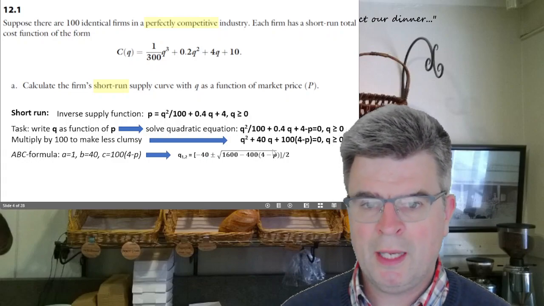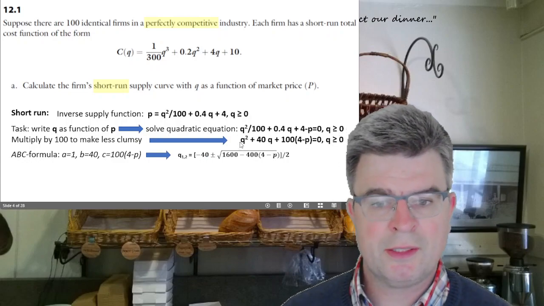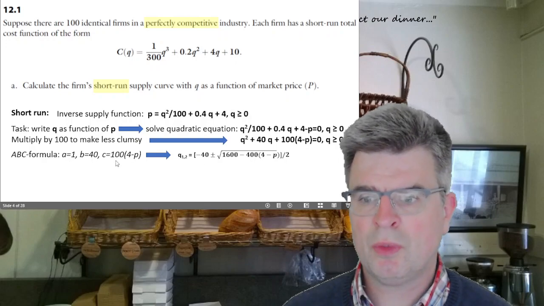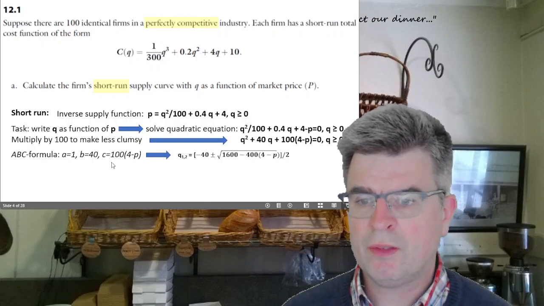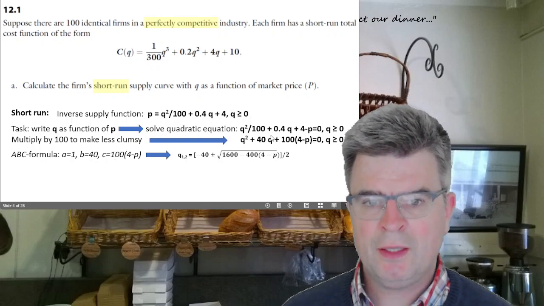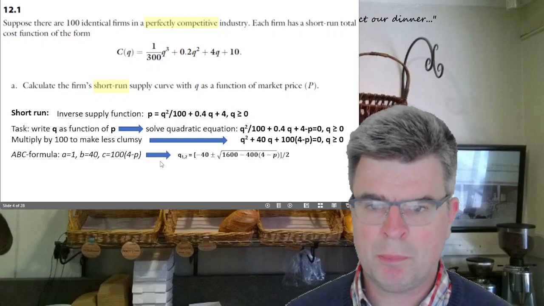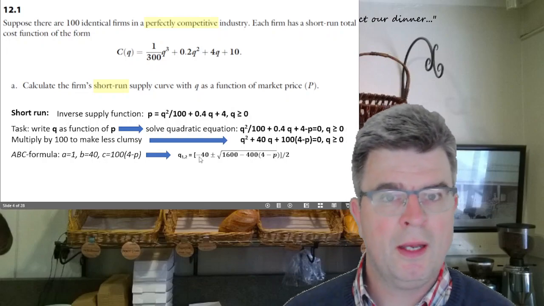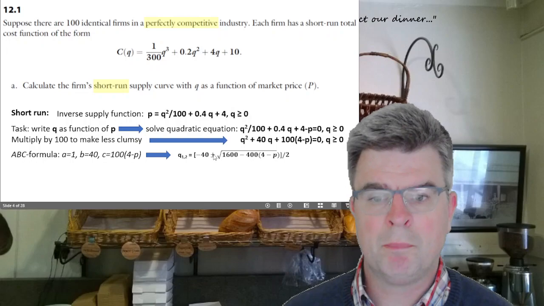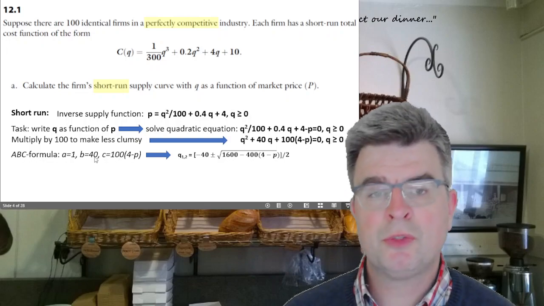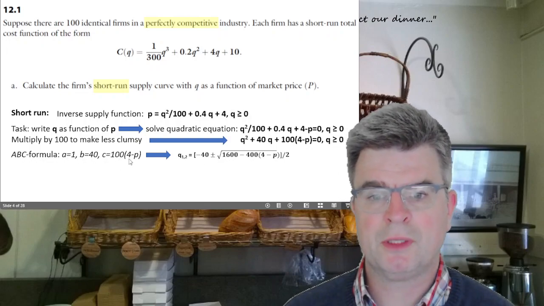And now we can apply the ABC formula, recognizing that in front of the Q squared we have a 1. So that's our A in the ABC formula. In front of the Q we have a 40, which is the B. And then we have a constant term, 104 minus P. And then if we apply the ABC formula, minus B plus minus the square root of the discriminant, and the discriminant is equal to b squared minus 4 times AC.